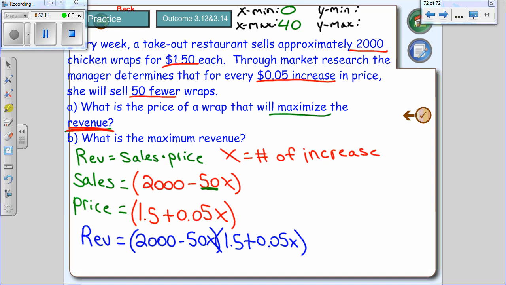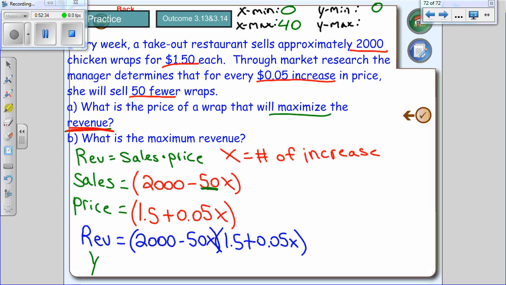My Y maximum, my revenue maximum, that's the hardest one to do. I base it off of what my old revenue was. So if I made no changes to this, no changes means I had 2,000 chicken wraps. I sold them for $1.50 each. That's $3,000 in revenue. That's my old revenue.